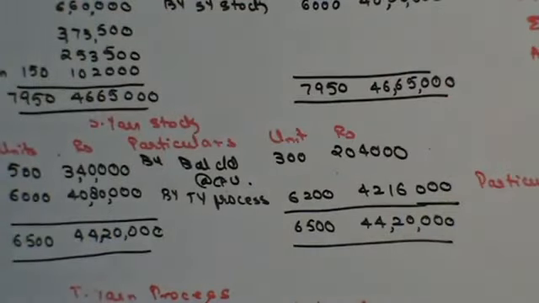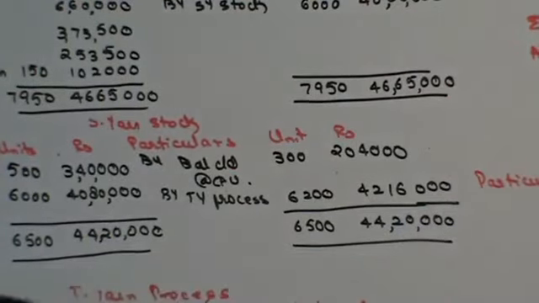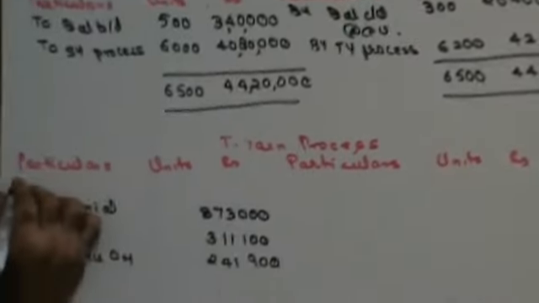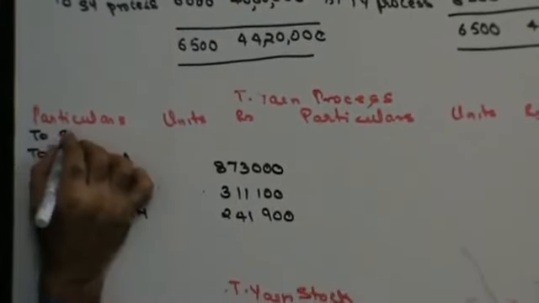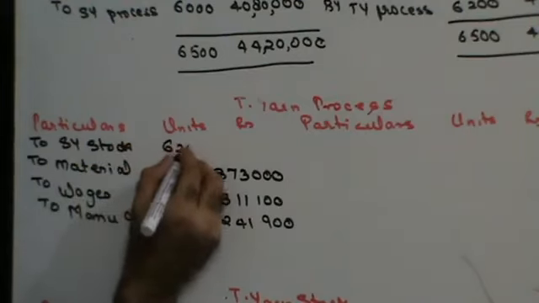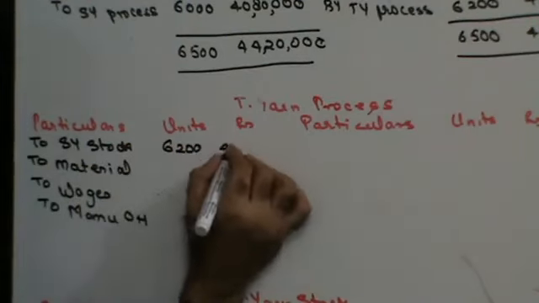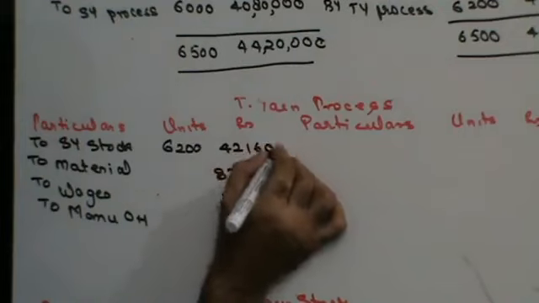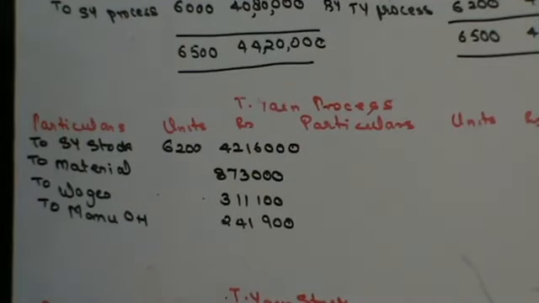Right? Next, bring this down here to SY stock. SY stock is 6,200 units, 42,16,000. Right? Now, let's get to the working note for this.